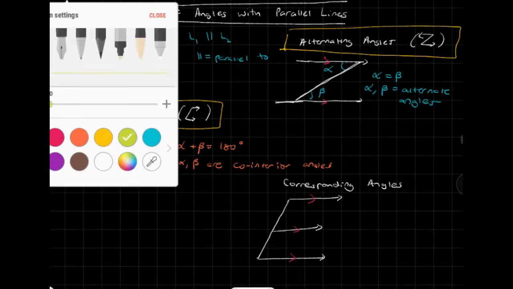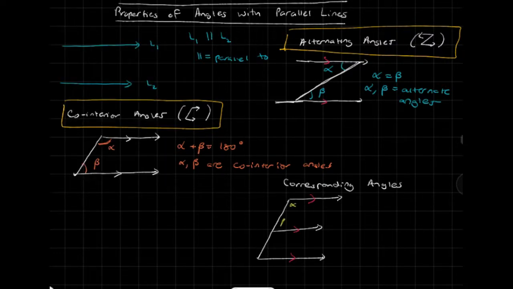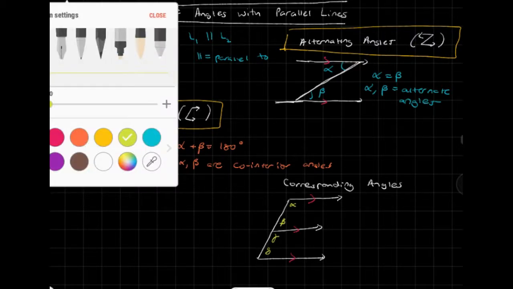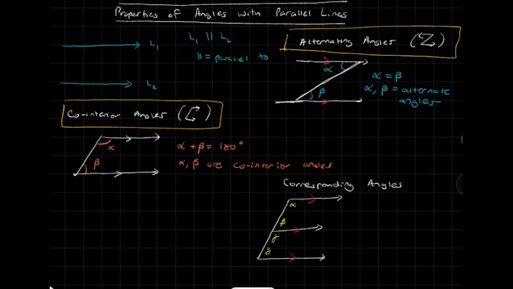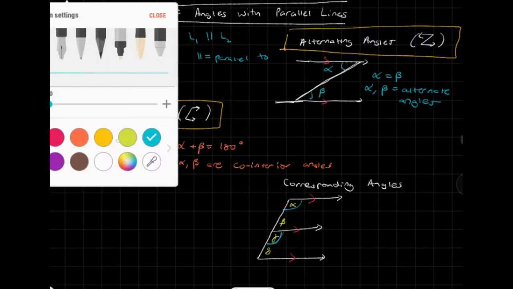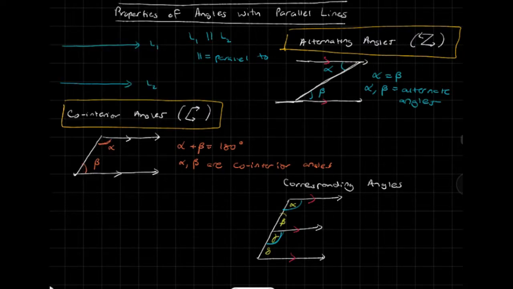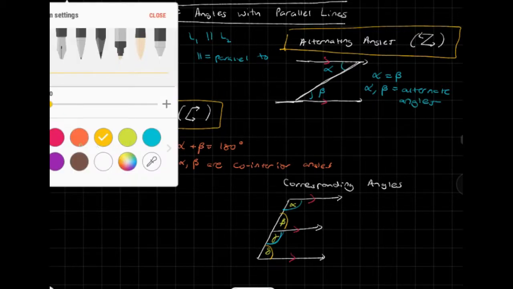And let's get some angles here. Say this is alpha, beta, gamma, let's do delta. All right, these are just some examples of angles. And in this case, this angle is actually going to be equal to this angle, and this angle is going to be equal to this angle. Okay, and the way we memorize this is there's this characteristic F shape.